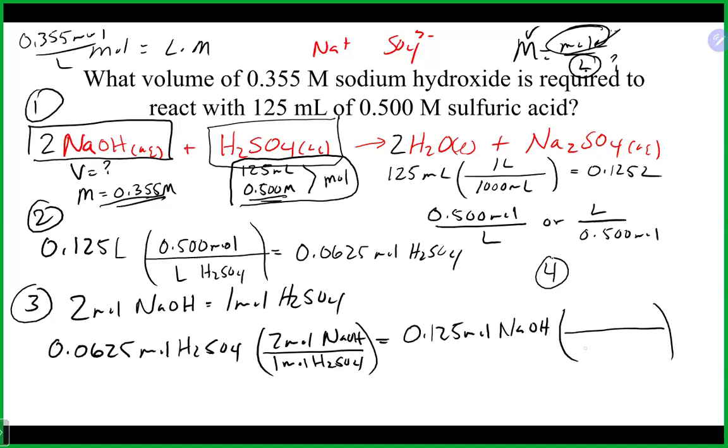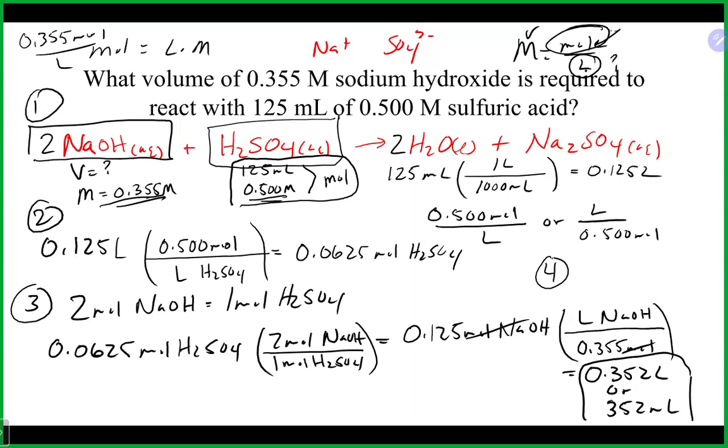So we're going to divide by the molarity of the sodium hydroxide. 0.355 moles on the bottom, per liter up on top. That's going to cancel. And we will end up with about 0.352 liters, or if you times it by 1,000, about 352 milliliters of sodium hydroxide.